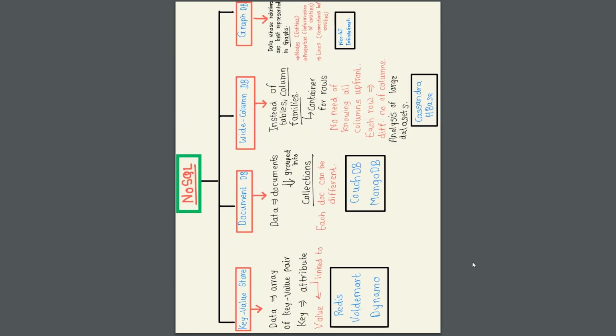There are multiple structures in NoSQL: key value pairs, document based, wide column based, and graph based. If you have different requirements, then we will go for these types. So we have Cassandra, CouchDB, Redis, and then Neo4j. These are all NoSQL.